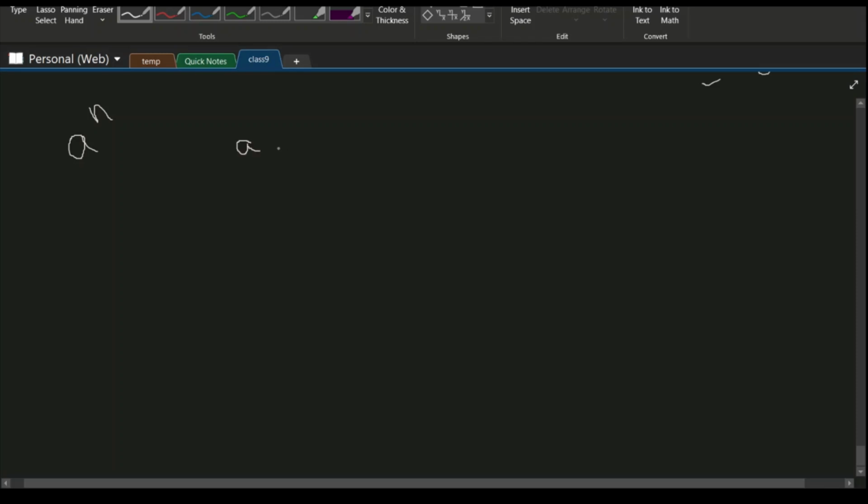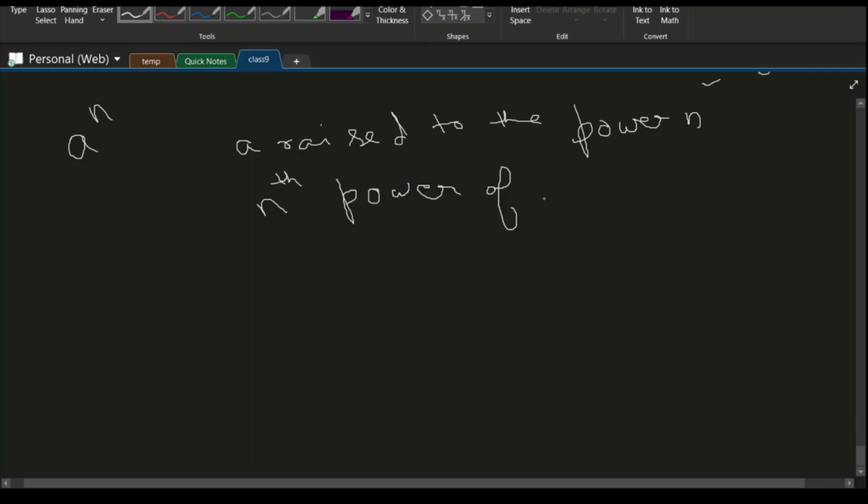We say this as a raised to the power n, right? Or we can also say nth power of a, where n was a positive integer.